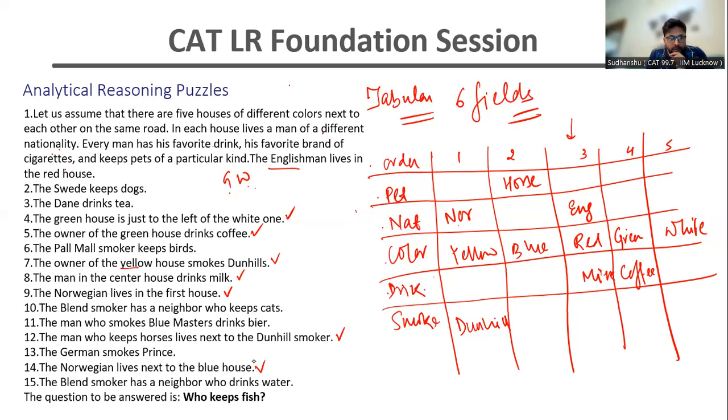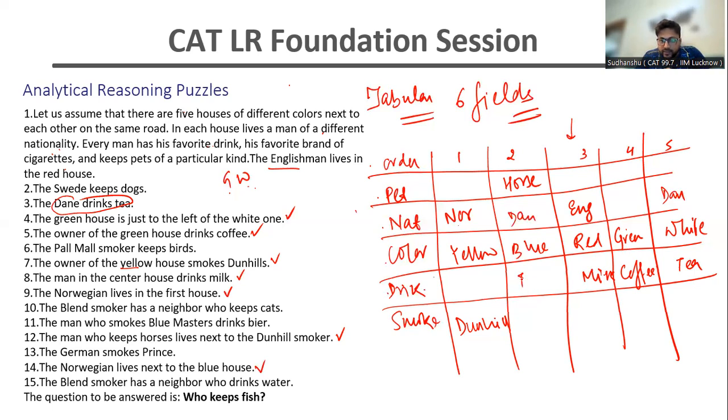The Danish guy drinks tea. Another thing is, now let us see what all is there. Norwegian, English, the Dane drinks tea. So either I can put the Dane here and tea here, or another possibility is put the Dane here and tea here.